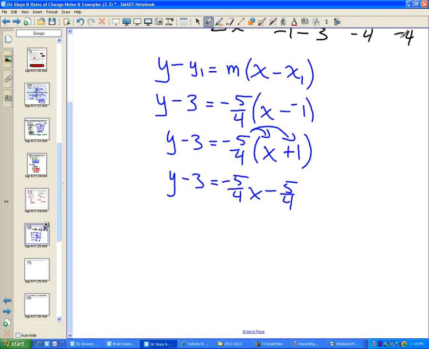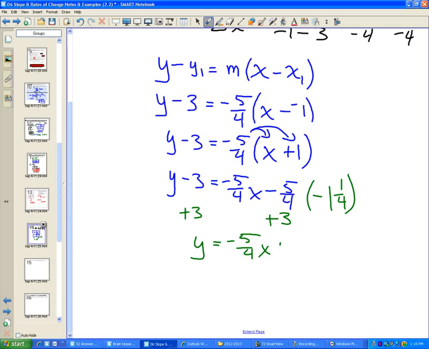I'm now going to add 3 to both sides. y is equal to negative 5/4 x. Remember, negative 5/4 is really negative 1 and 1/4. So 3 minus 1 and 1/4 is going to be a positive 1 and 3/4. You could always use your calculator. You would get 1.75. So y equals negative 5/4 x plus 1.75.